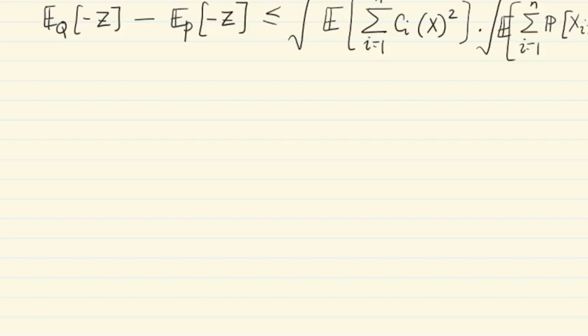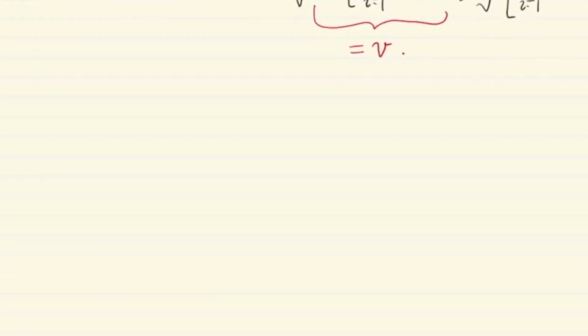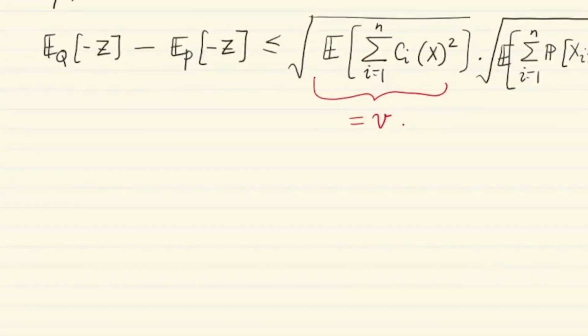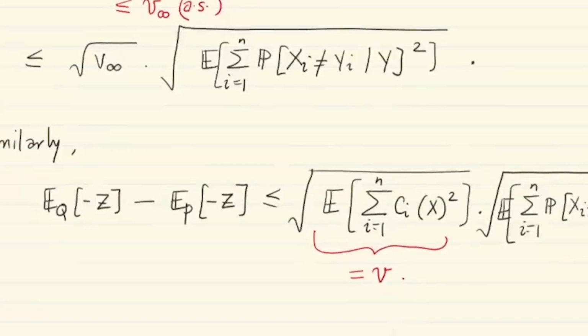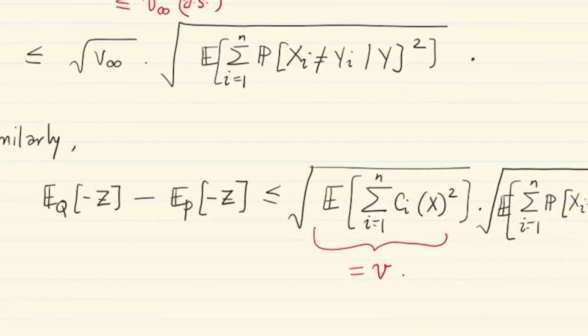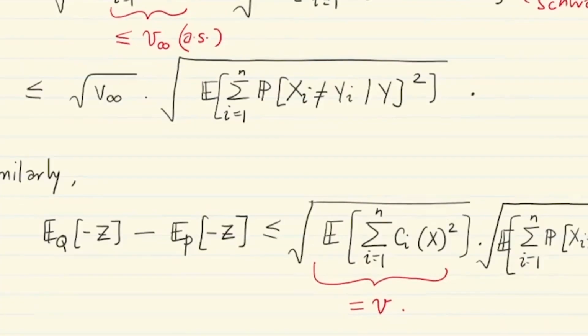And by definition this is exactly equal to V because now the expectation is over the x, or the p measure. Okay, so notice that we have basically obtained two bounds, one for the difference of expectations of z and one for the difference of expectations of minus z.